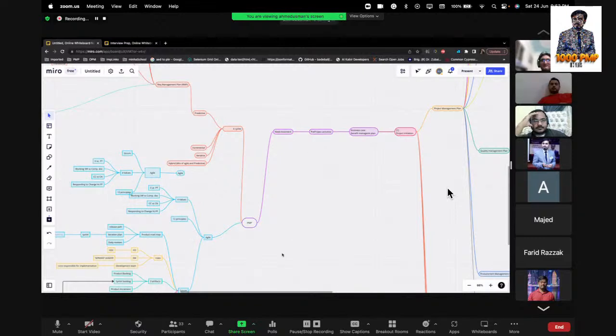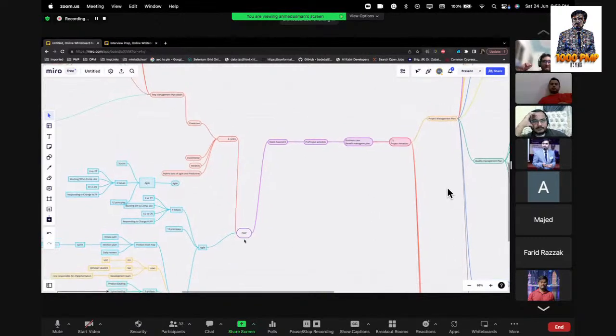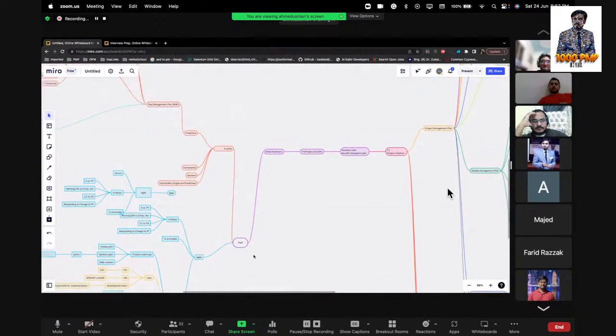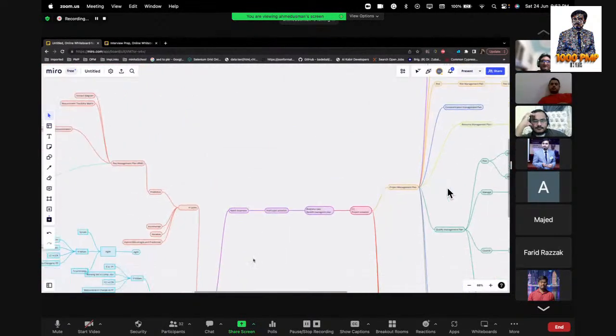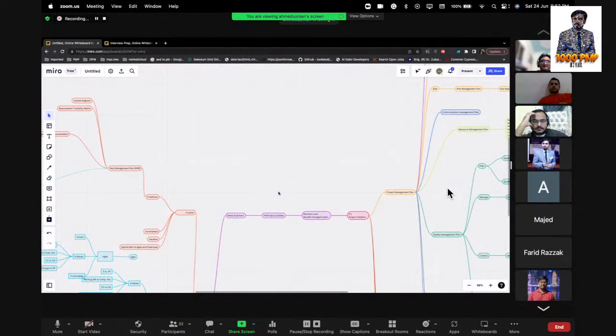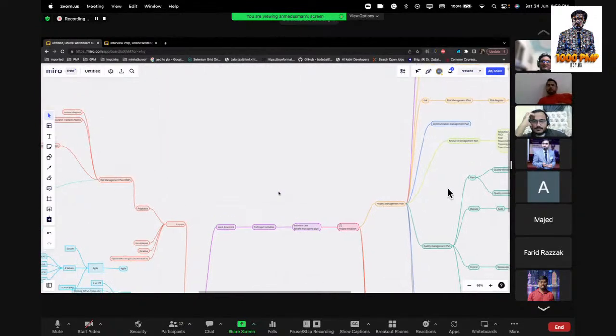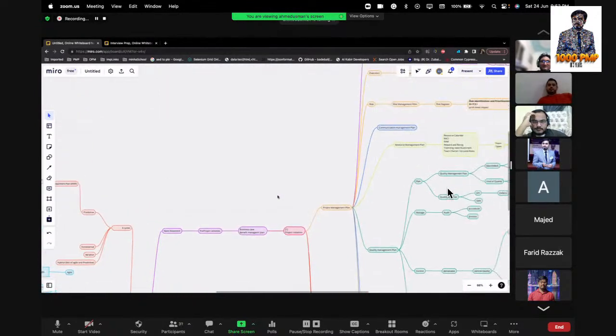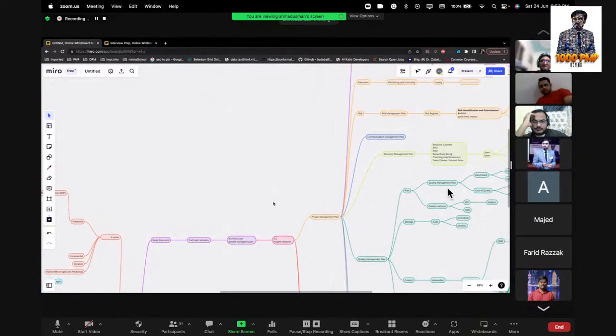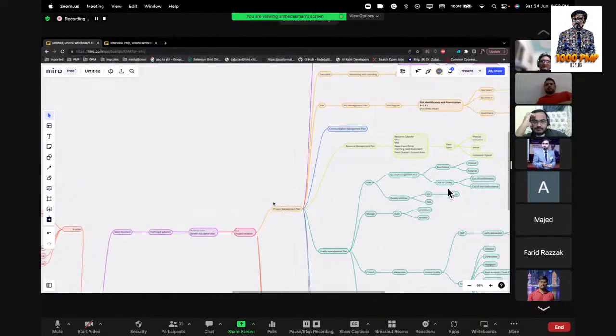Okay, so we started to jot down in the mind maps. We have PMP, then we have initially the project management. We have a need assessment, then we have pre-project activities where we basically do the business case and benefit management plan, and then these are the inputs to the project initiation.